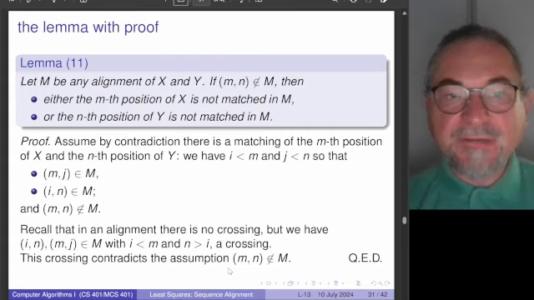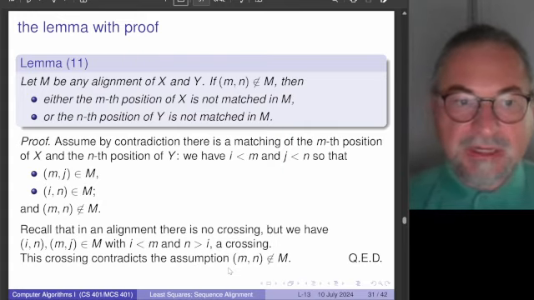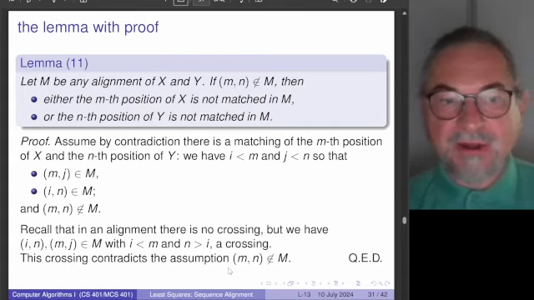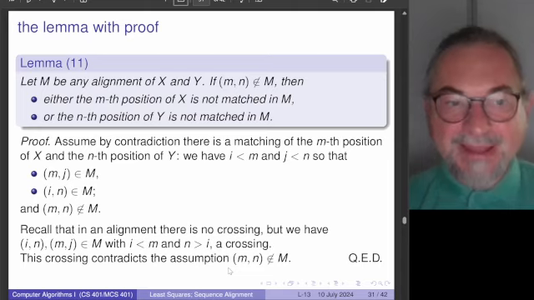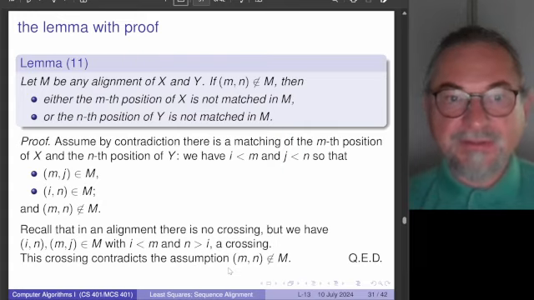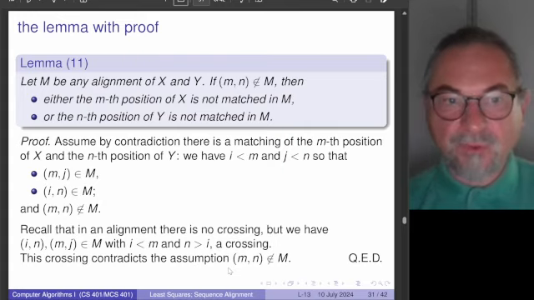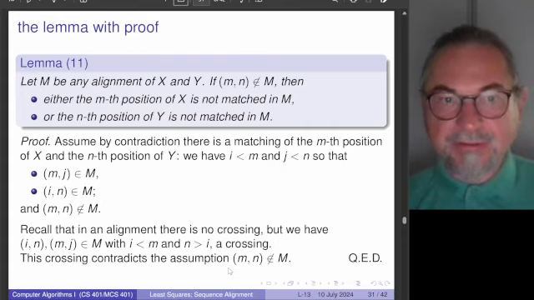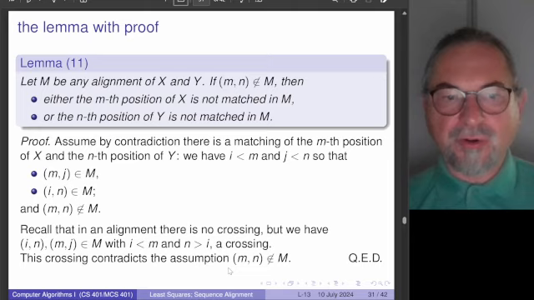Now, in an alignment, we do not accept crossings. So since i is less than m, we have that n is larger than j. So this contradicts the assumption that in an alignment we can have no crossings. So we started with an alignment, we contradicted the statement of the lemma, and we actually arrived at a crossing.